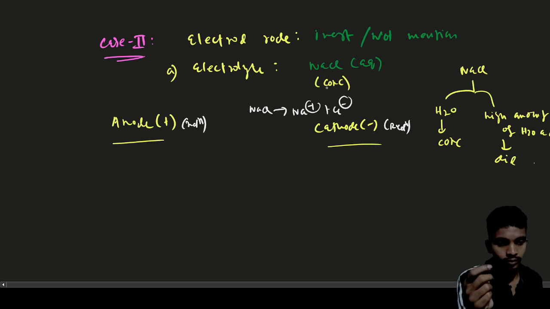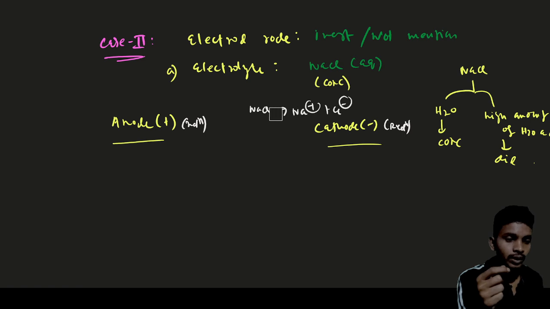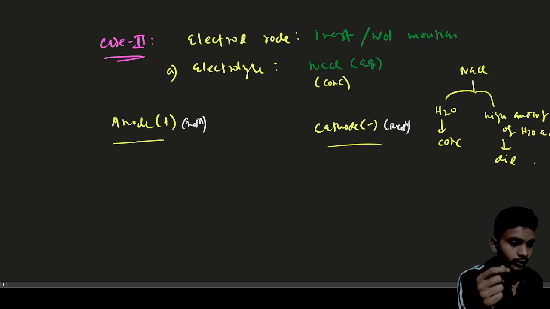Okay, so Cl minus loses electrons. Sorry, I will do it a little bit clearer.